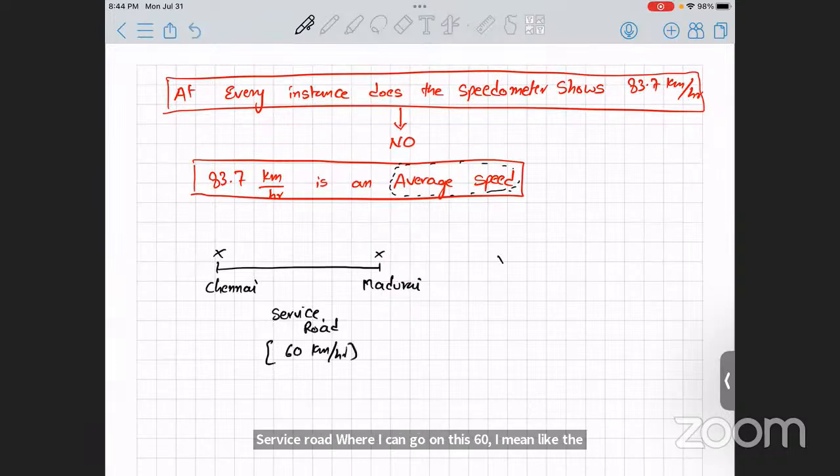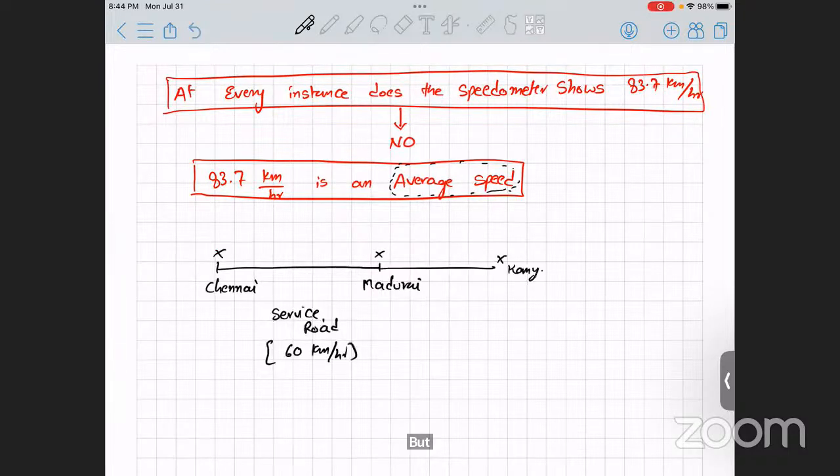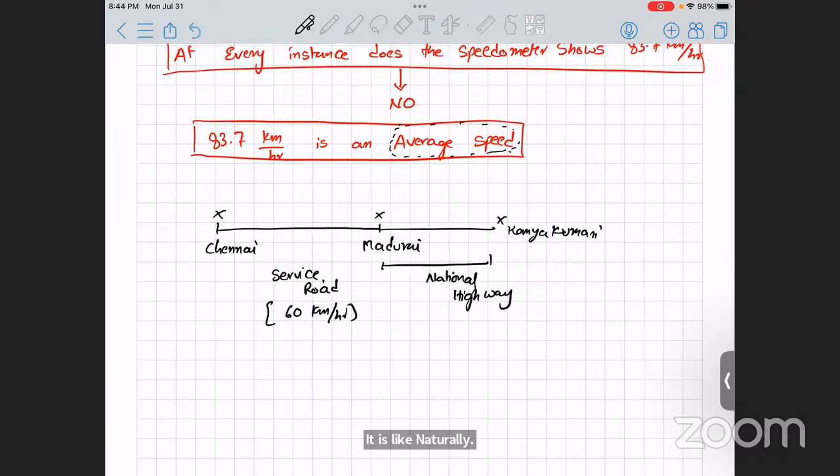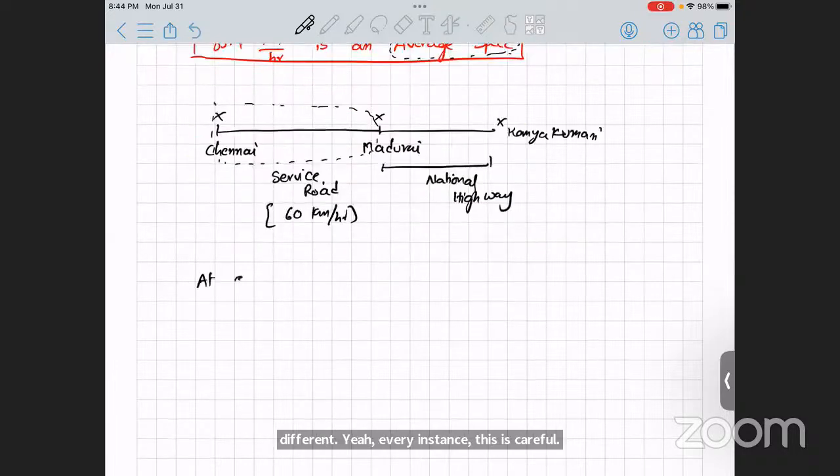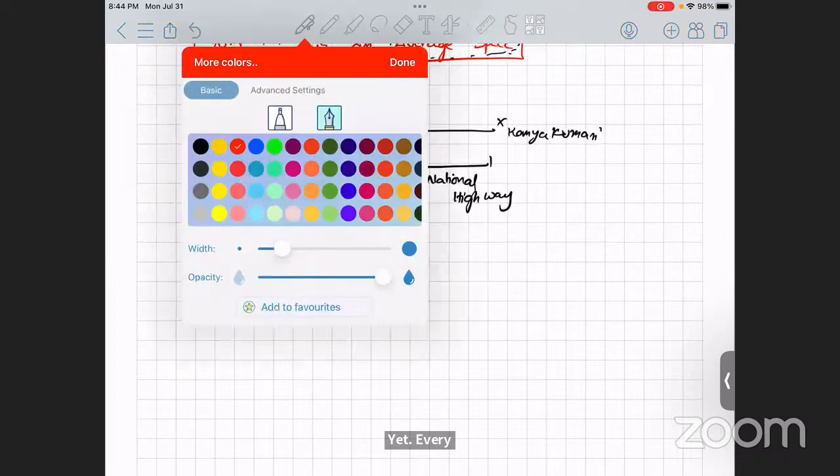But from Madurai to Kanyakumari, it is like NH, National Highway. So the speed from here to here is different. Listen to this carefully: "at every instance" is a keyword.